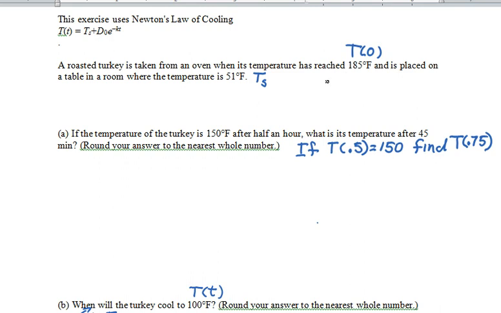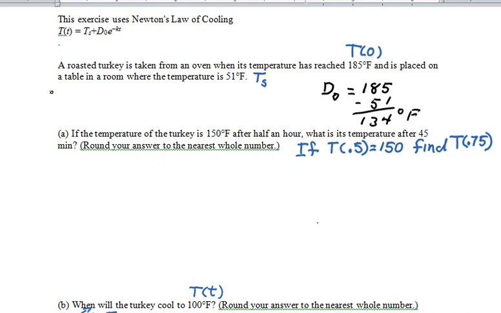So notice that for this situation, D sub 0 is equal to 185 minus 51, which will be 134 degrees Fahrenheit.